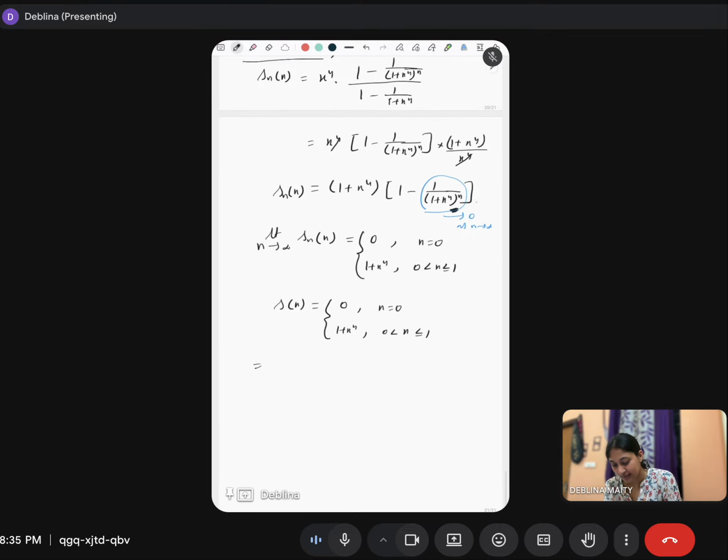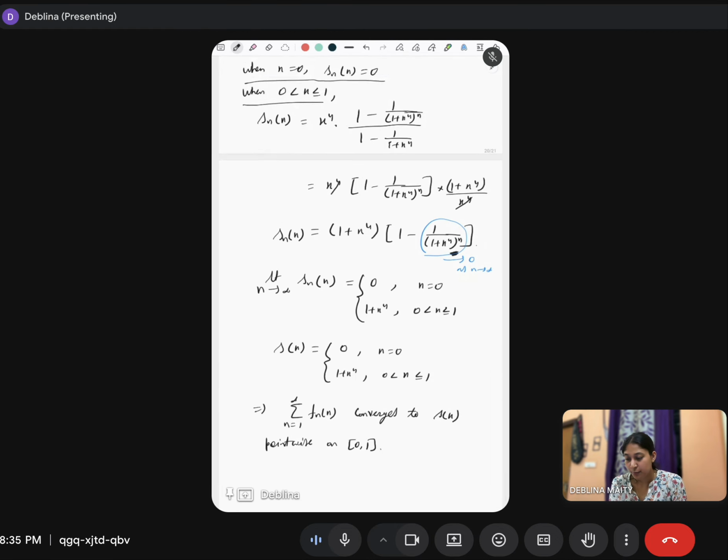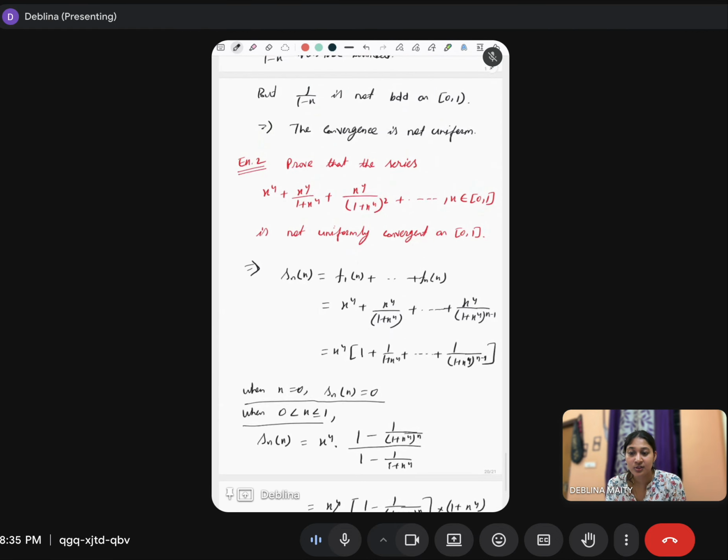So this implies the series S_n(x) converges to S(x) pointwise, or we can say this F_n(x) converges to S(x) pointwise on [0,1], right? Now to show that this convergence is not uniform, right?